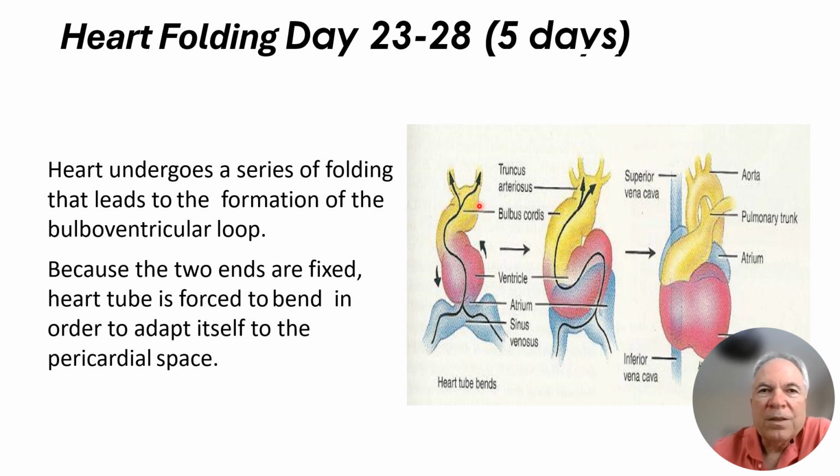So the heart stretches. As it stretches, the atrium moves upward and next to the aorta, and eventually forms on either side of the truncus arteriosus. So this is the truncus arteriosus, and it separates into the pulmonary artery and the aorta, and you end up with the right atrium, left atrium, and then the two ventricles over here.